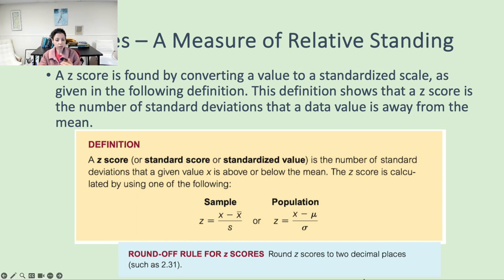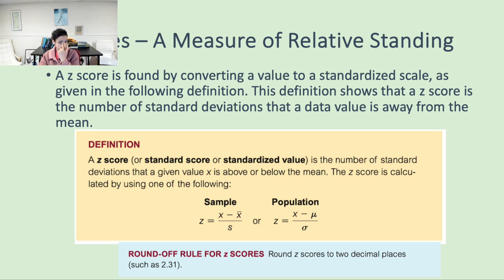And so if we're talking about the z-score of a sample, z is equal to the data point, x, minus the mean of that sample, divided by the standard deviation of the sample. And then in the population, the z-score is the data point minus the mean of the population divided by the standard deviation of the population.